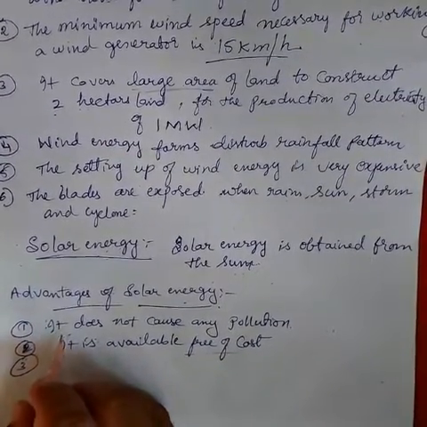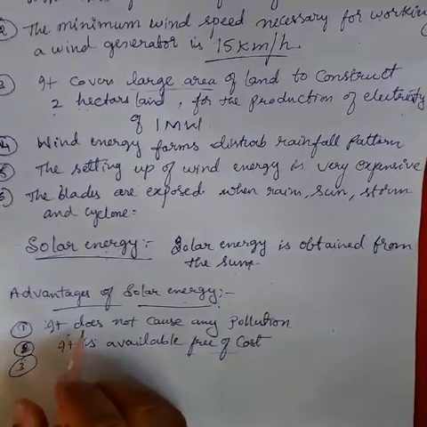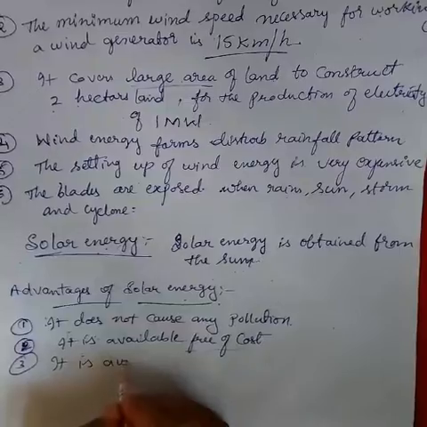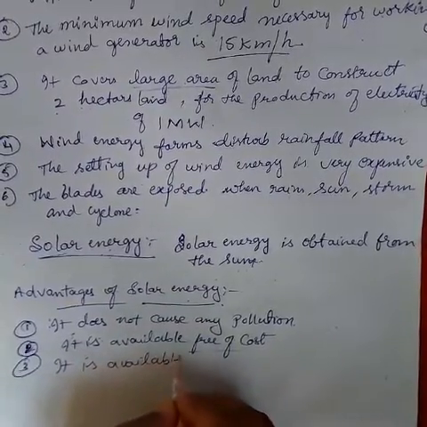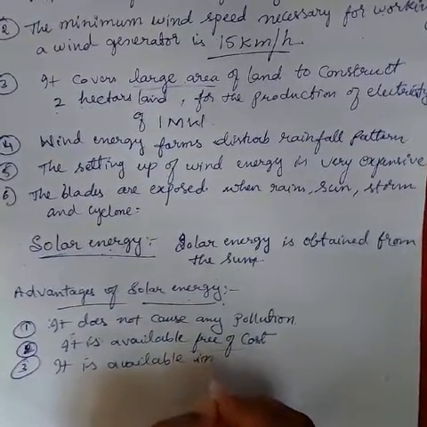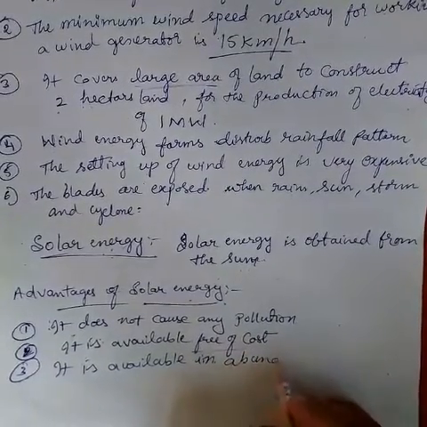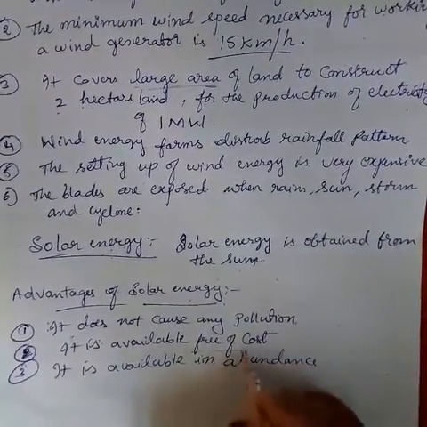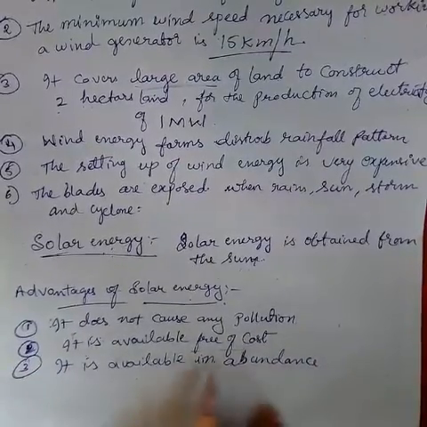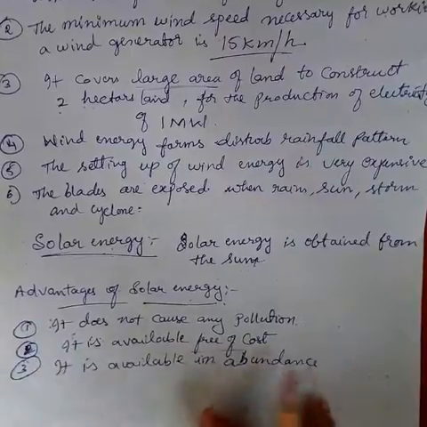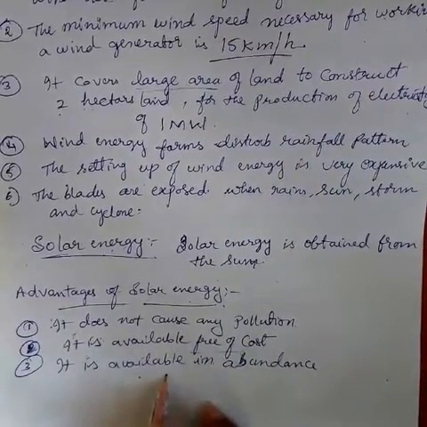The third is that it is available in abundance. Abundance means a large amount. It is not available in a small amount, but in a large amount.